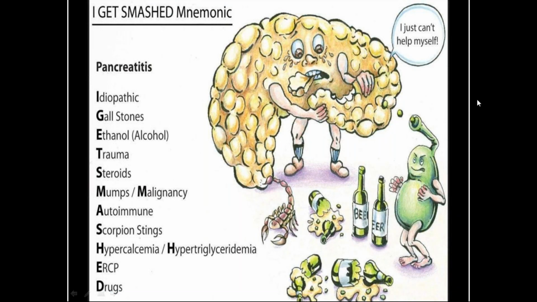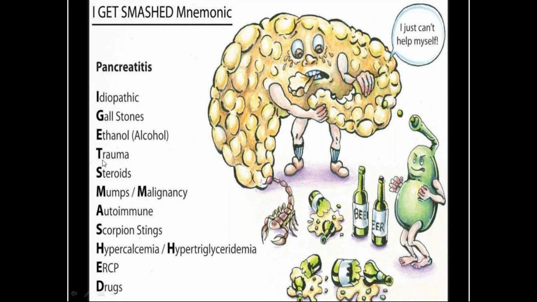So this is a mnemonic for various causes of acute pancreatitis: I GET SMASHED. I means idiopathic, G gallstones, which is the most common cause, E for ethanol, alcohol, the second most common cause, and T for trauma, mostly seen in blunt trauma episodes. The pancreas is relatively protected by its location, so in severe injuries it could get affected.